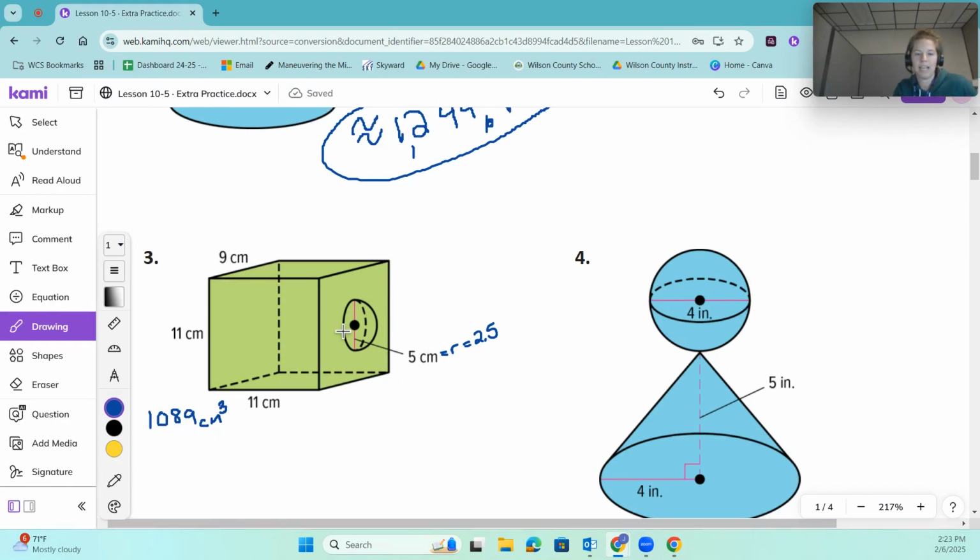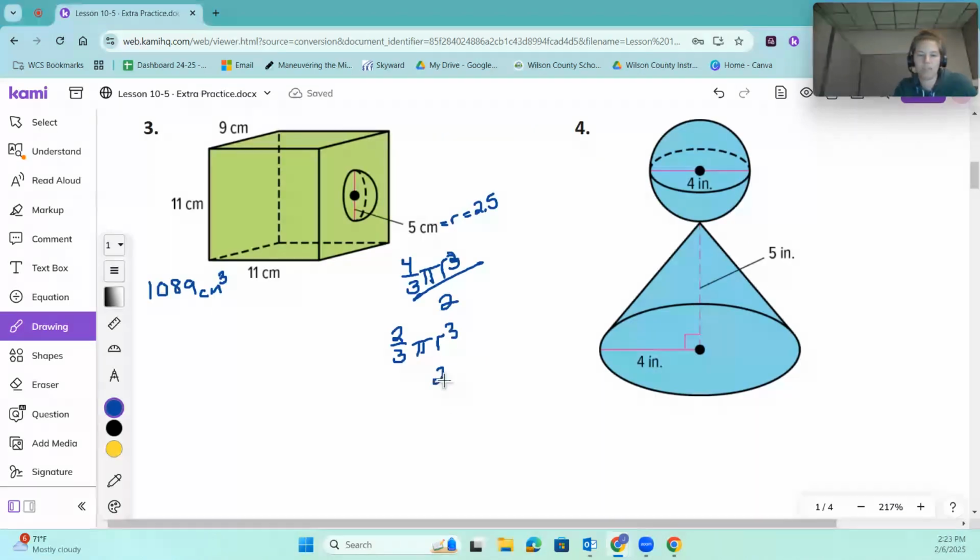And then my hemisphere is going to be 4/3 pi times radius cubed, and then we're going to divide all that by 2 because it's half of it. And if I go ahead and divide that by 2 at the beginning, I get 2/3 pi times radius cubed. So I'm going to use that with 2.5 cubed, which is going to give me a volume of approximately 32.725.